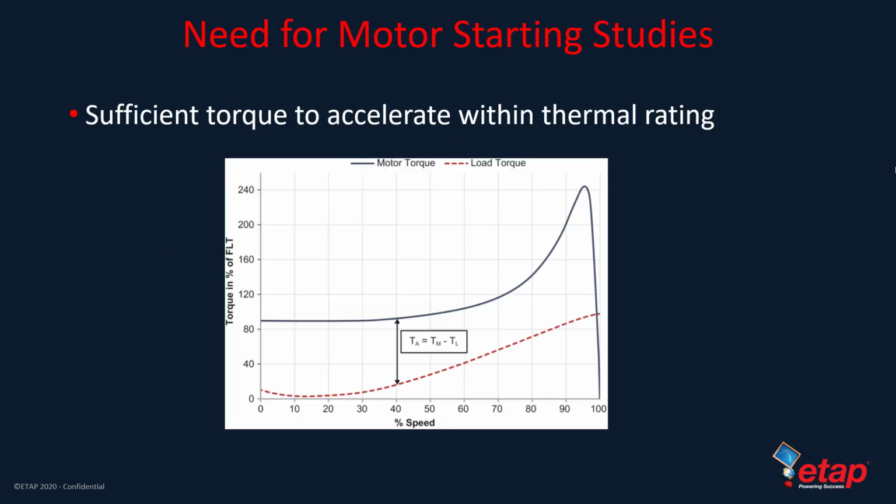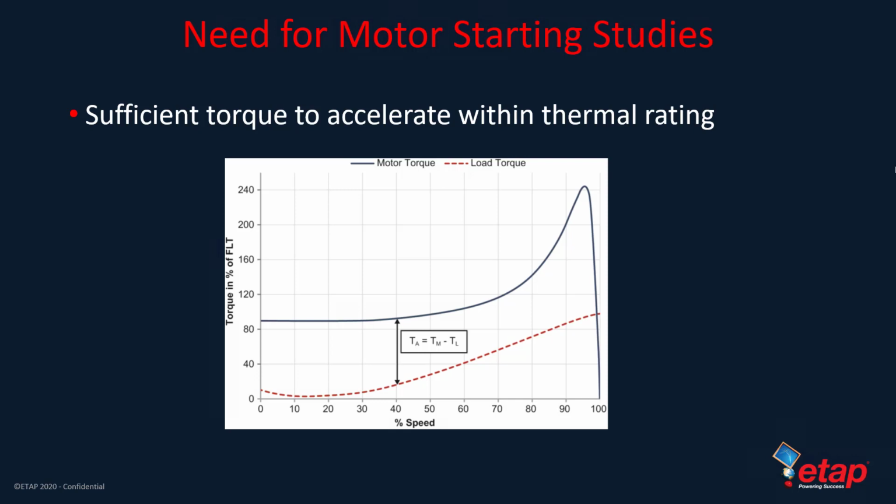As you can see from the following graph, we're looking at torque versus speed. The bold line is the available motor torque, and the dotted red line is the required load torque. So we can see the difference is our acceleration torque. With a nice graph like this, there should be no issues with the motor actually starting.